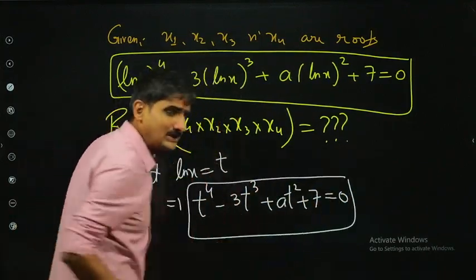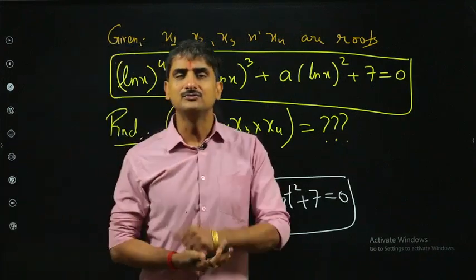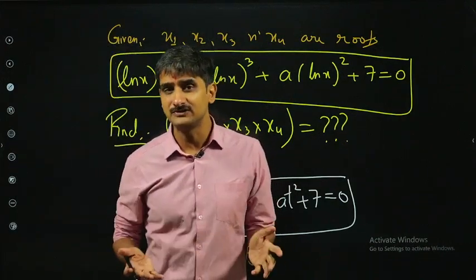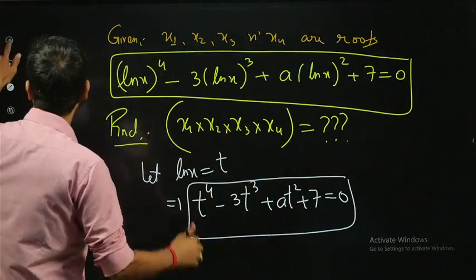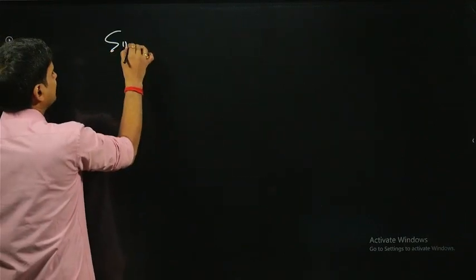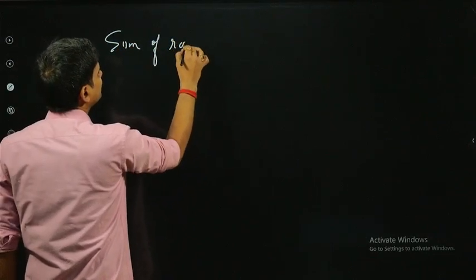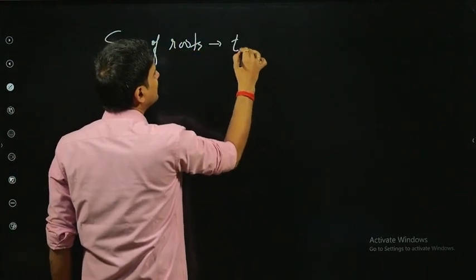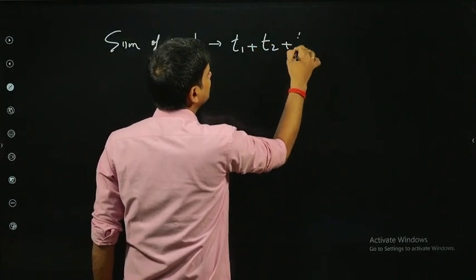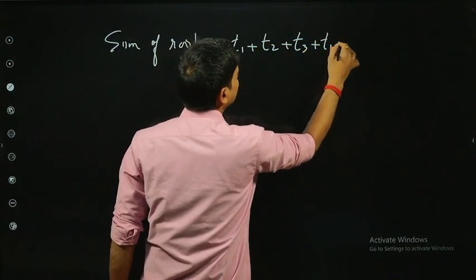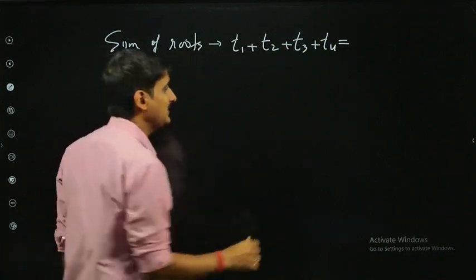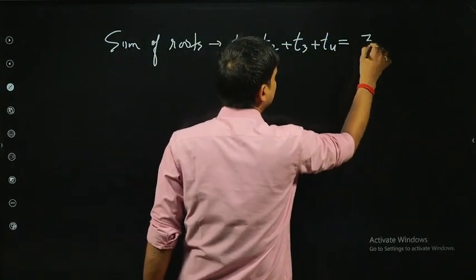Now we can apply all the results related to the roots of the polynomial and its coefficients. Like sum of the roots, t1 plus t2 plus t3 plus t4. We know it's minus b by a, which is minus of minus 3, that is plus 3.